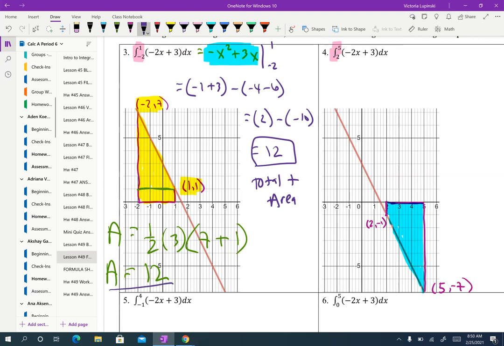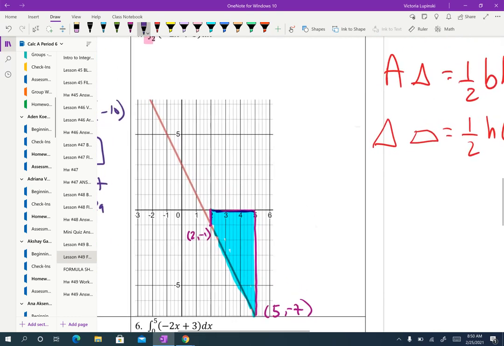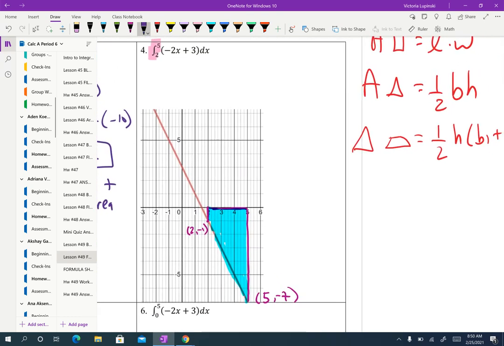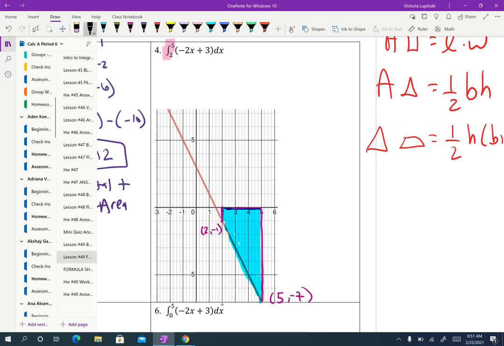Let's take a look at the next one to the right, number 4. So here you're finding the integration from 2 to 5. Notice that I started at 2 and I ended at 5. I got those points 2, -1 and 5, -7 by plugging them into the curve. Again, if you want the geometric component, we would find the area of the trapezoid using the same formula. So 1/2.